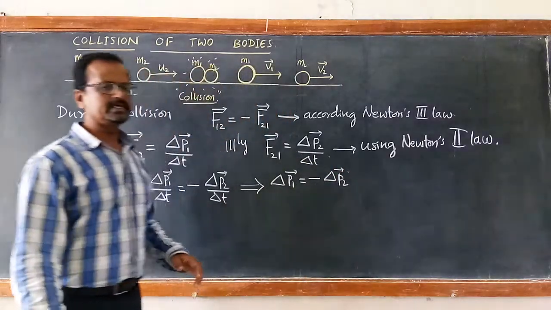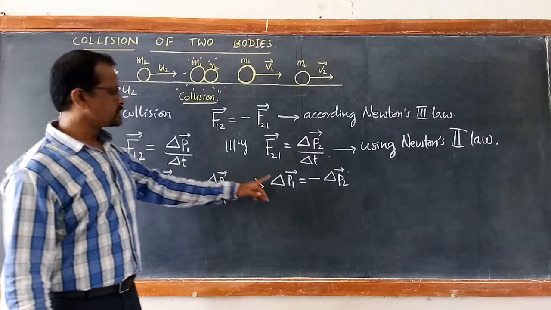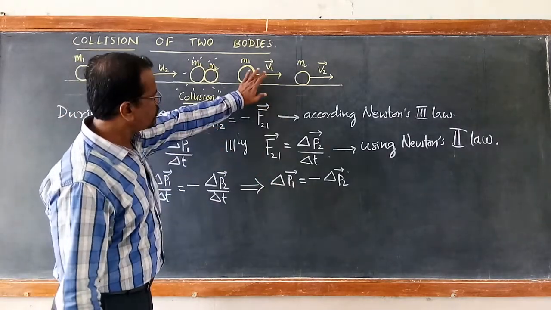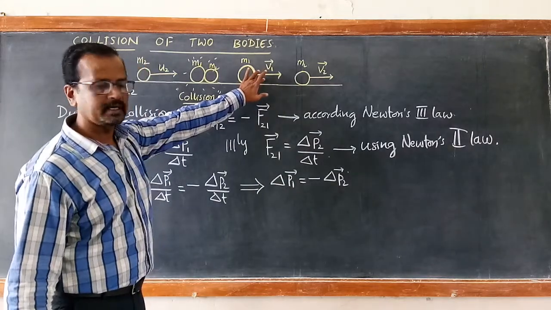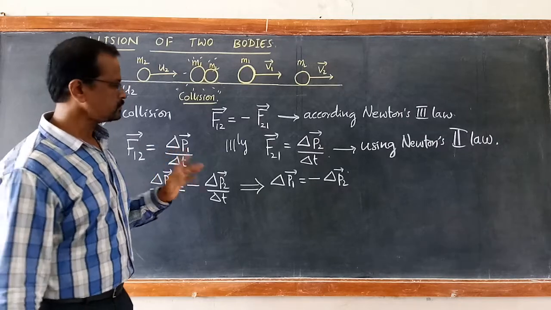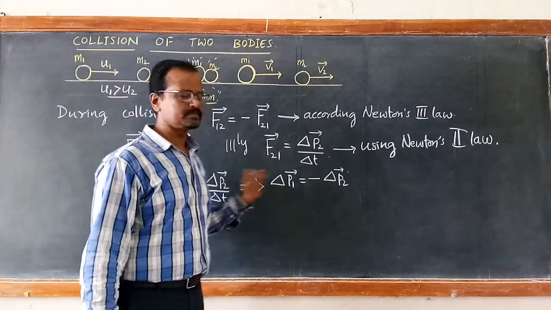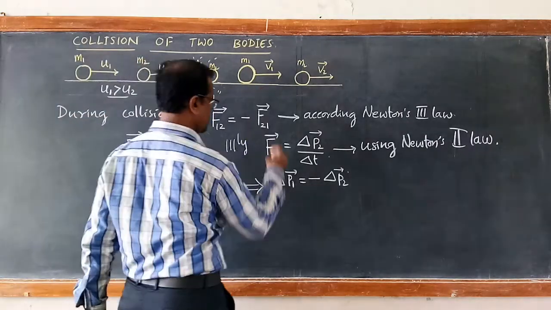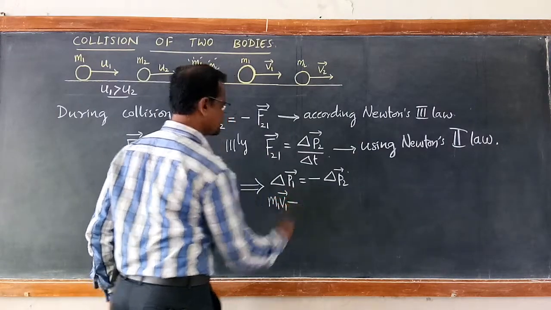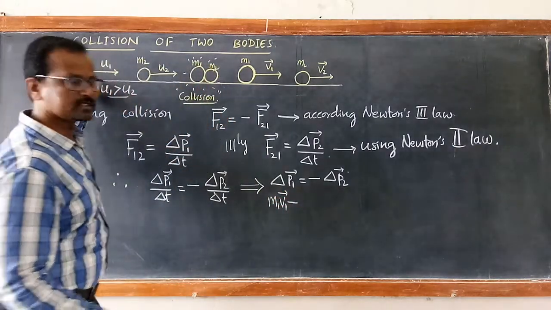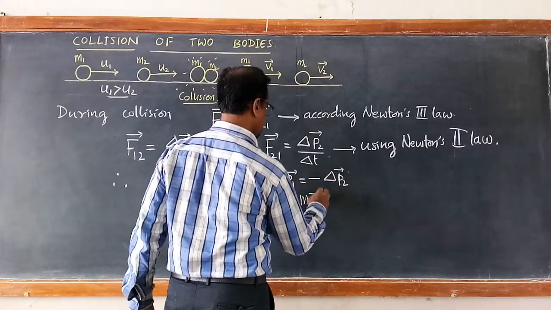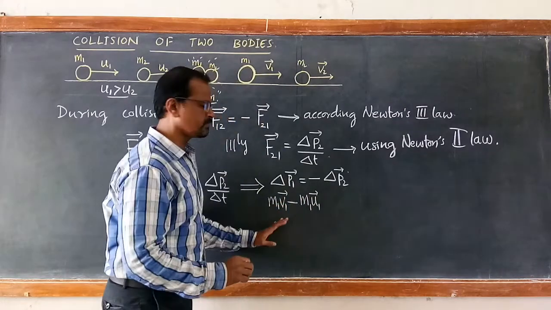Now let us write what is change in momentum. Change in momentum of first particle is defined as final momentum of first particle minus initial momentum of first particle. What is final momentum of first particle? m1 v1 vector minus initial momentum m1 u1.